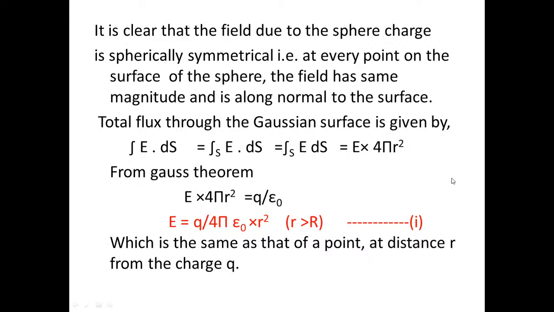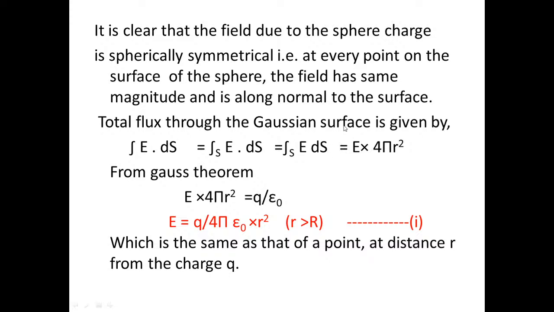So the total electric flux through the Gaussian surface is given by, according to Gauss law, integral E dot ds, which is equal to integral over the closed surface E ds cos theta.